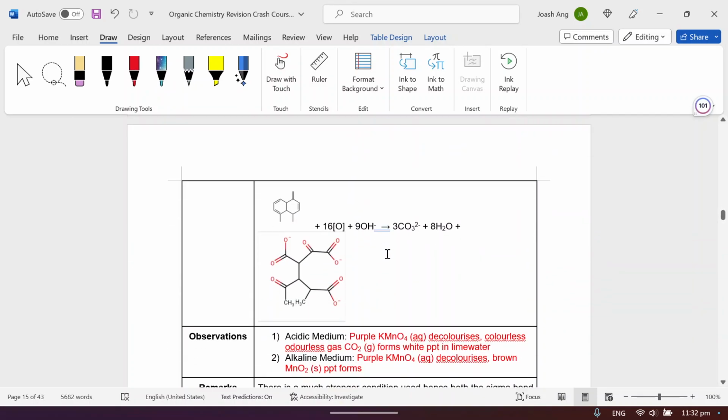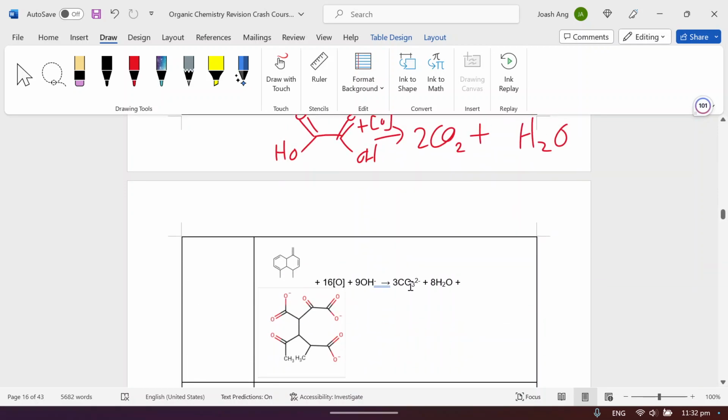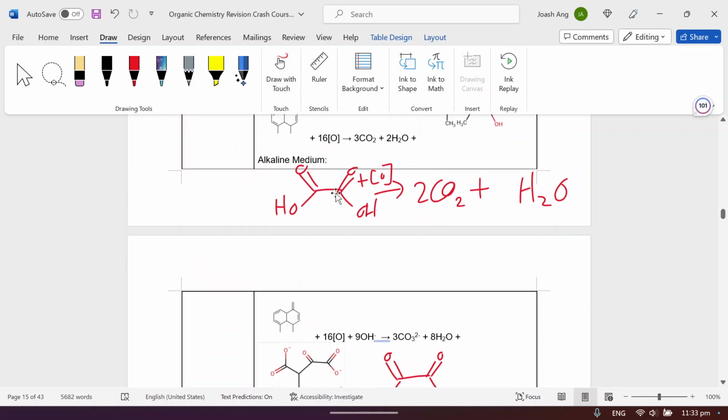I think this one is not fully correct. That is because my ethane-1,2-dioic acid will form this anion right here. And this anion cannot be further oxidized into carbonate, just to take note. So let's try to redo this part together.